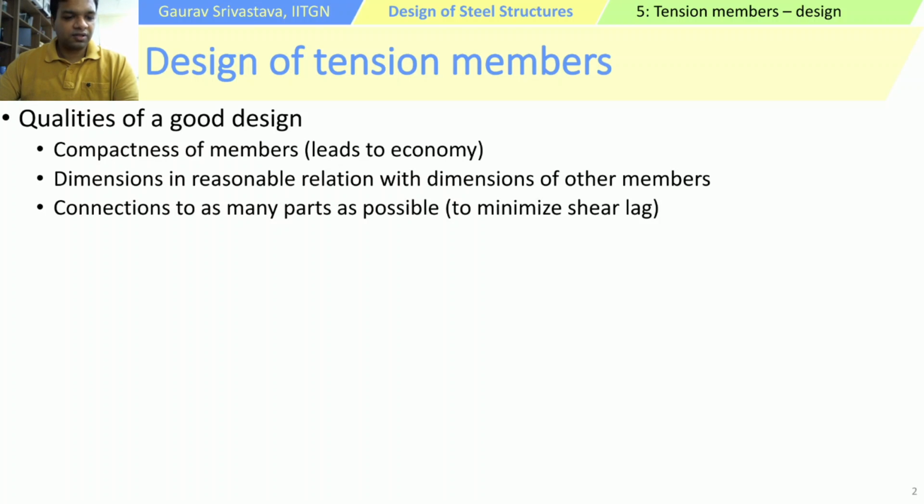Similarly, especially for tension members, it is better to connect as many parts of the member as possible, so as to minimize the effects of shear lag. Right? We saw that when certain portion is connected and certain portion is outstanding, it causes a shear lag effect, and this effect can actually cause premature failure because the entire section of the member is not being used.